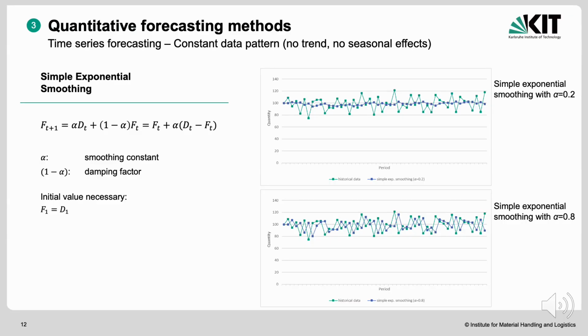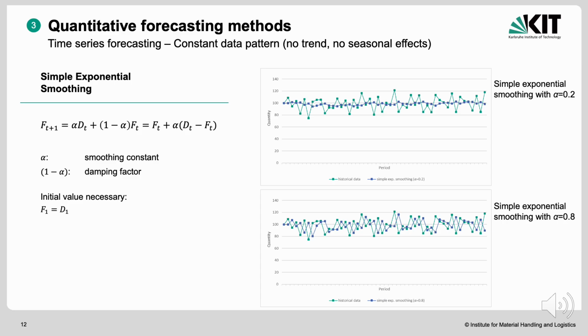How does exponential smoothing work? The forecast that you see here, the forecast for the next period t+1, is composed of a smoothing constant alpha times the actual demand in the current period plus 1 minus alpha, the damping factor, times the old forecast.